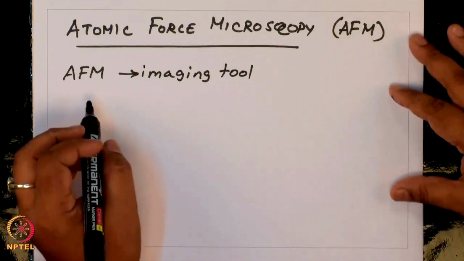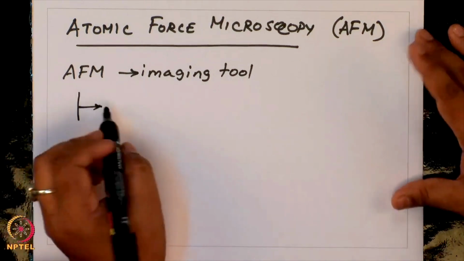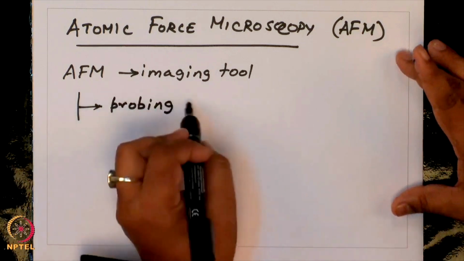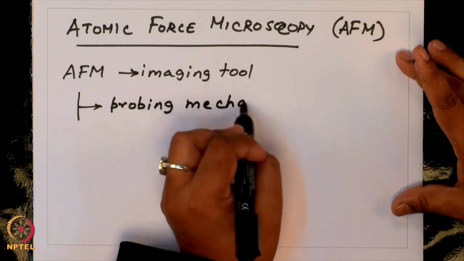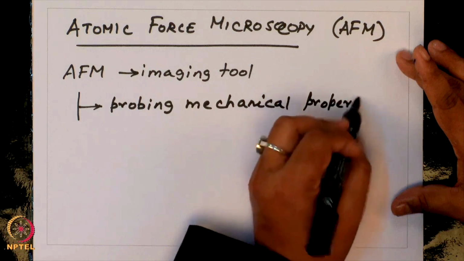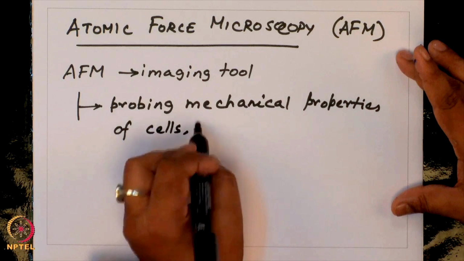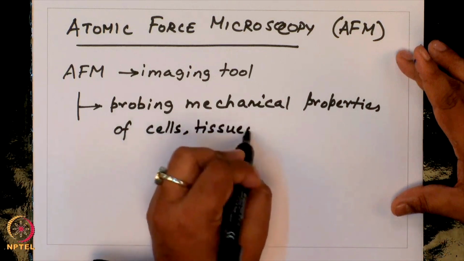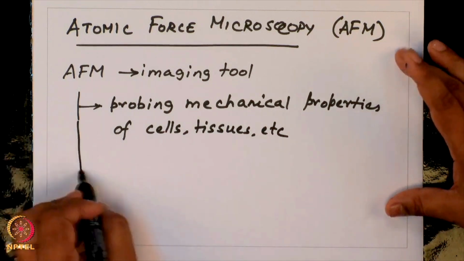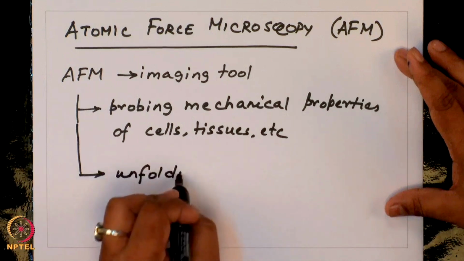However, in addition to imaging, subsequently it has found wider uses in other techniques, one of which is, for example, probing mechanical properties of cells, tissues, etc. And it has also found use for studying unfolding of proteins.